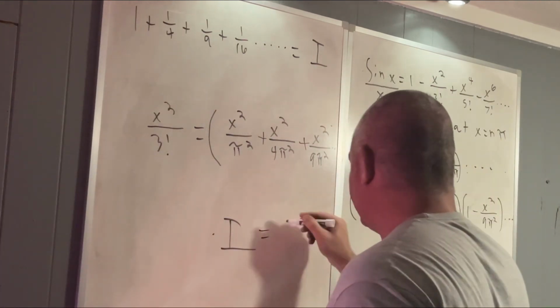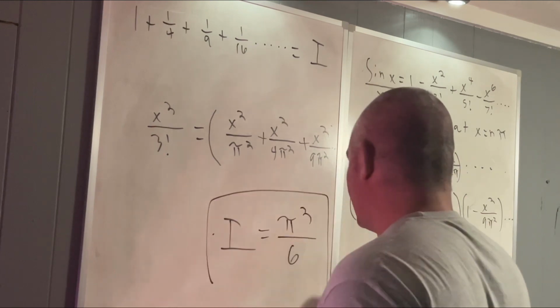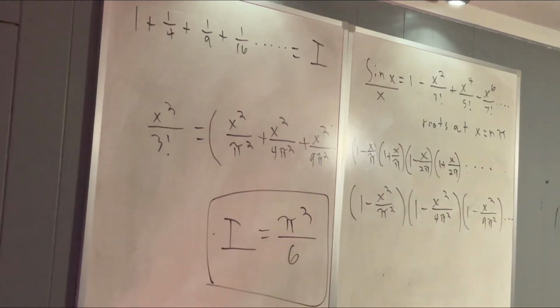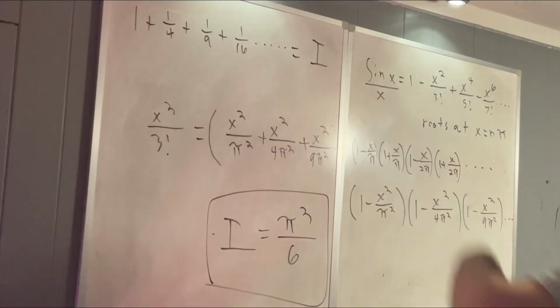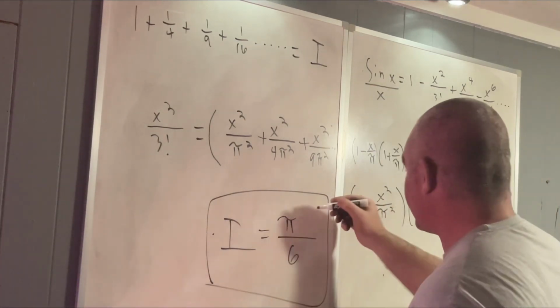That's going to give us pi squared over 6. There you go. That's the Basel problem. It's what that equals. It equals pi squared over 6.